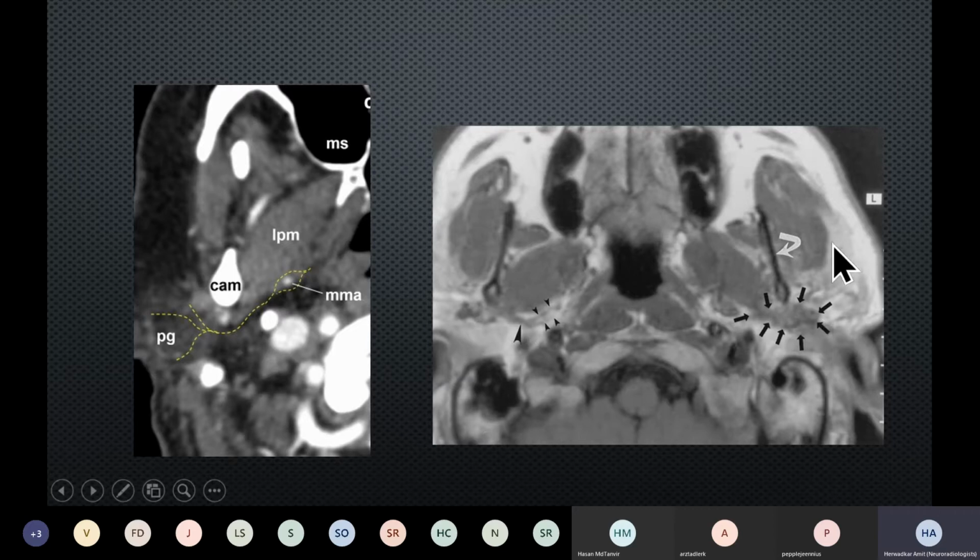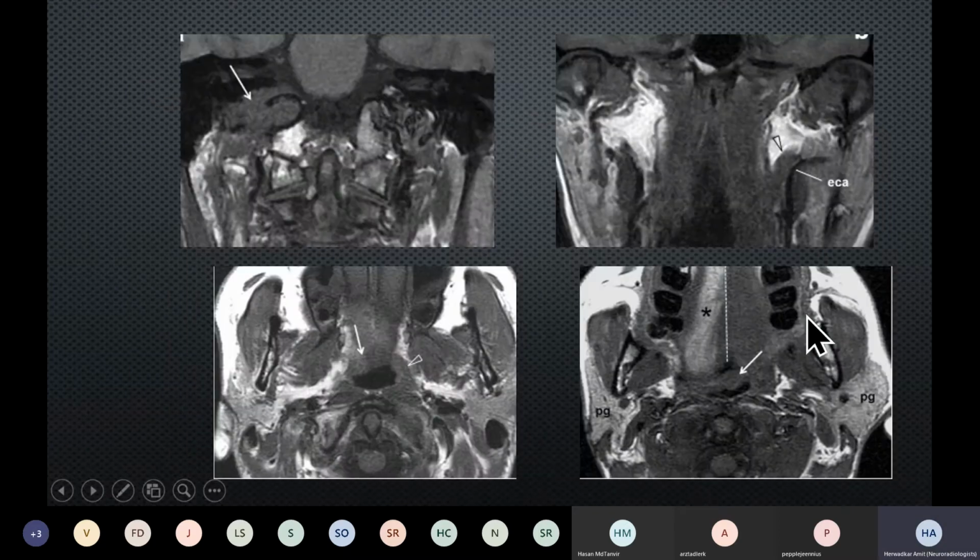And this is a patient who had previously had a tumor, and you can see this thick nodular recurrence of tumor, which is now along the auriculotemporal nerve, the perineural invasion of this nerve.